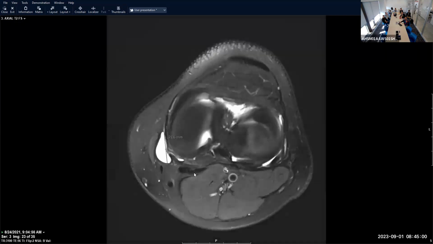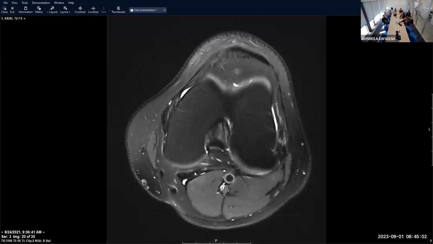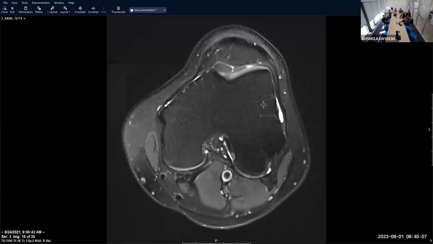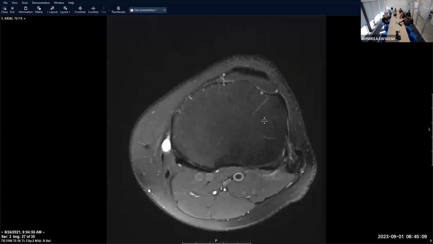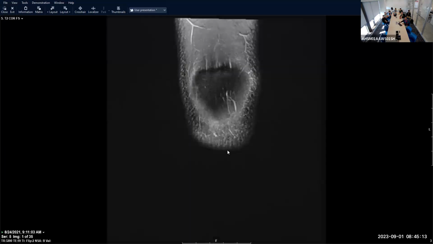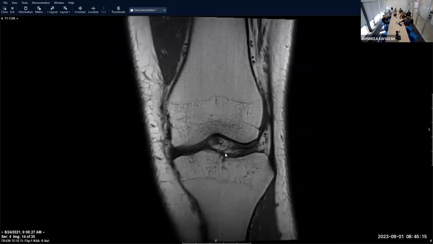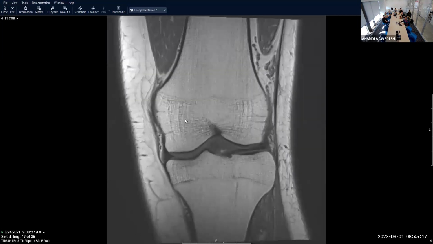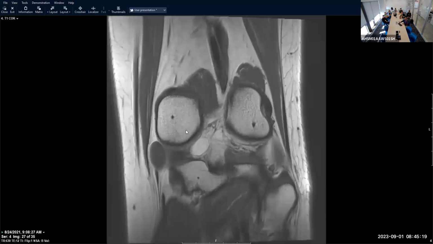We can track it to here, but we cannot track it between the semimembranosus and medial gastrocnemius. I think that was the crux of this case: parameniscal cyst, and using it as a sign to help you identify some subtle meniscal tears.